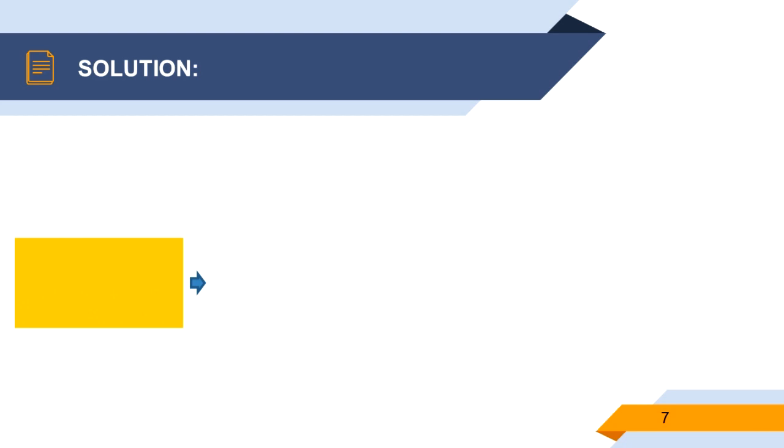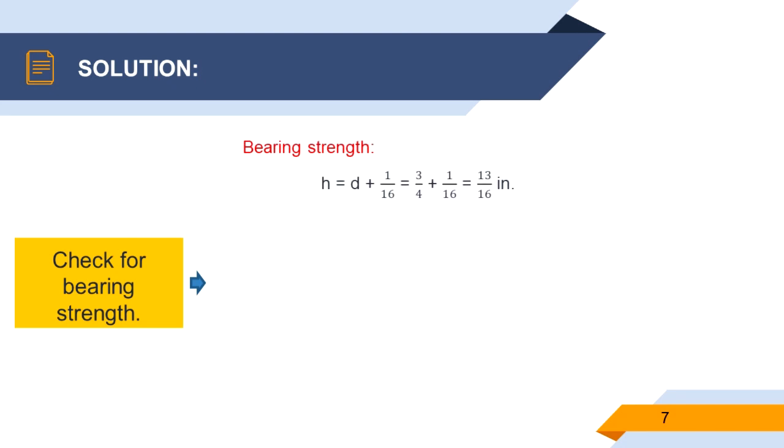Now we will check the bearing strength. Since both edge distances are the same and the gusset plate is thinner than the tension member, the gusset plate thickness of 3/8 inch will be used. For bearing strength computation, use a hole diameter h, which is equal to d plus 1/16, and substituting the value, we get 13/16 inch.